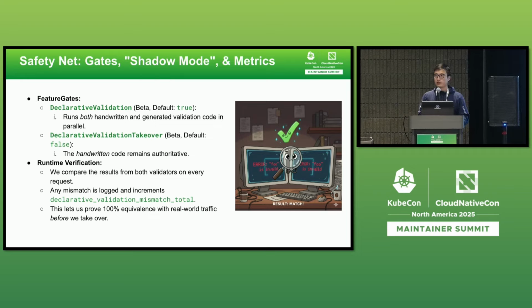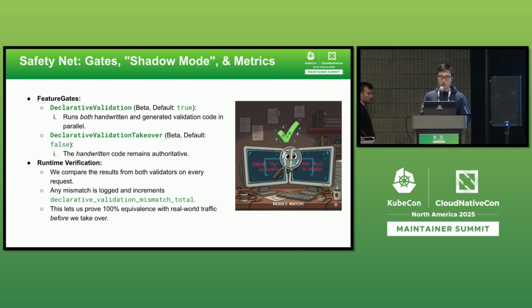And it doesn't affect any logic of the handwritten validation that exists in every API group. And the other is the declarative validation takeover, which means that the declarative validation will take over. So it will roll out the validation result from those fields that have been migrated. But for now, it's still default to false, so the handwritten validation still remains authoritative.